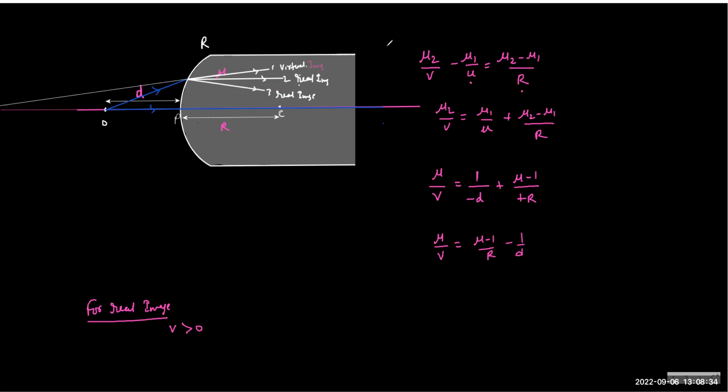So from equation 1, if V is positive, can we say the RHS is also positive?